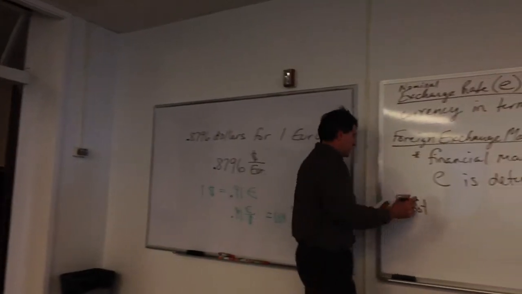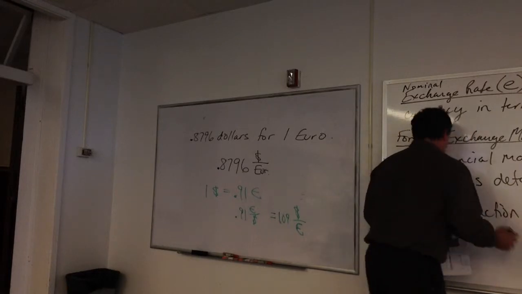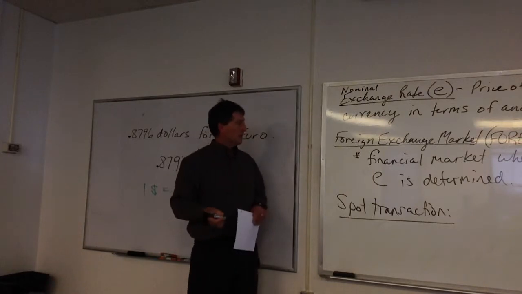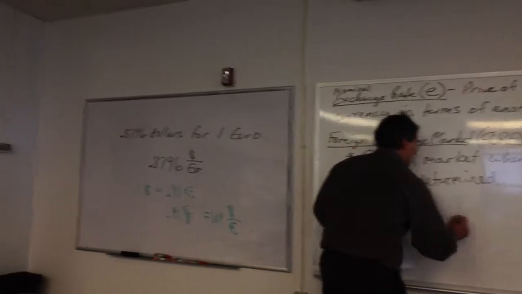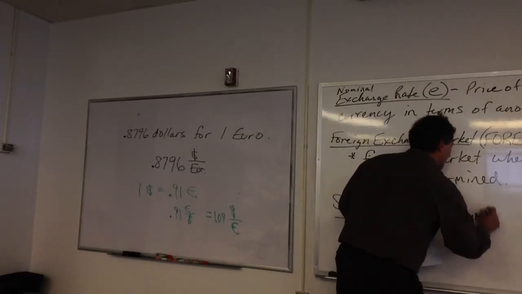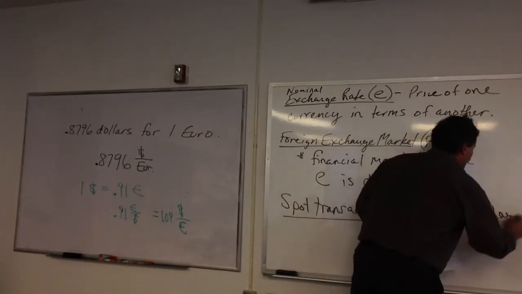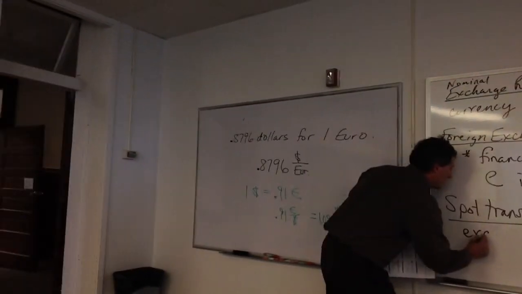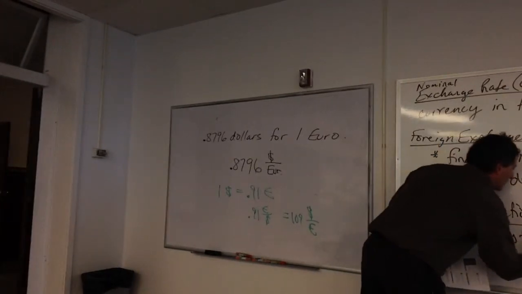And we have a spot transaction, which is a transaction that occurs in a fairly short time frame. So your book says, I'm just following them for your notes, immediate, which means today. That usually is not the immediate we're talking about, but immediate exchange of bank deposits.